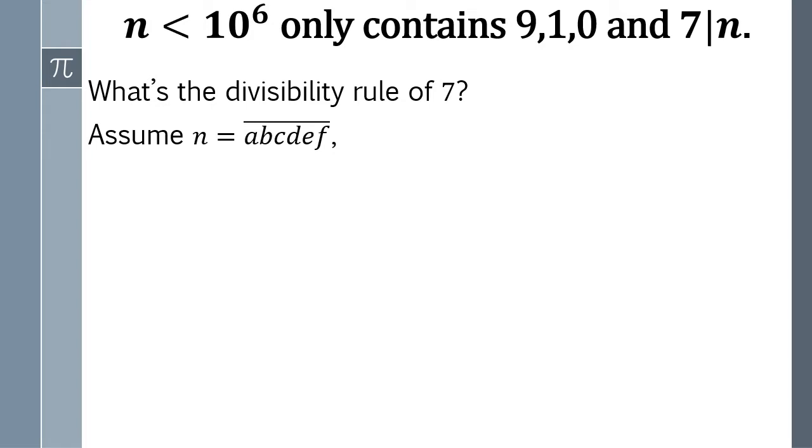Assume n can be expressed as abcdef, which is the number with 6 or fewer digits. Then n is divisible by 7 is equivalent to abc and def, those two 3-digit numbers, being congruent modulo 7.